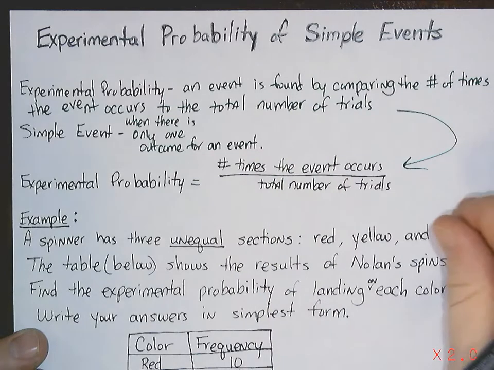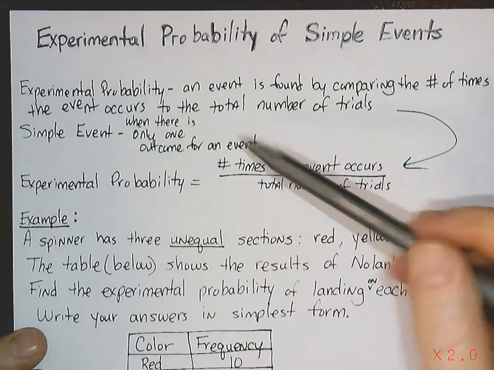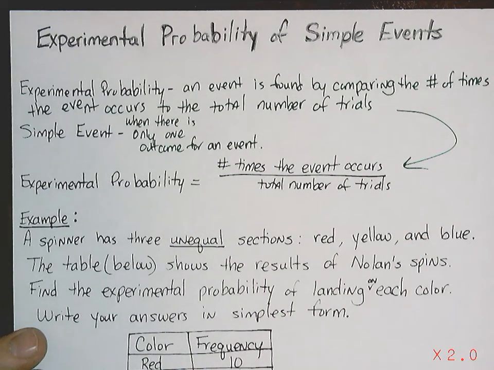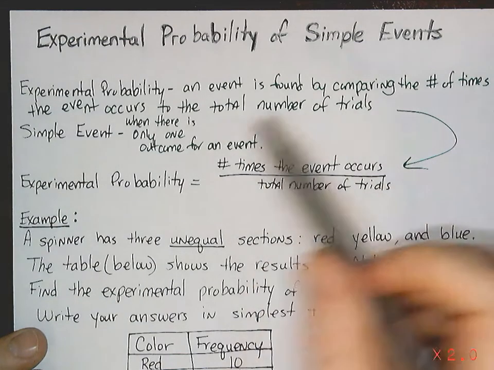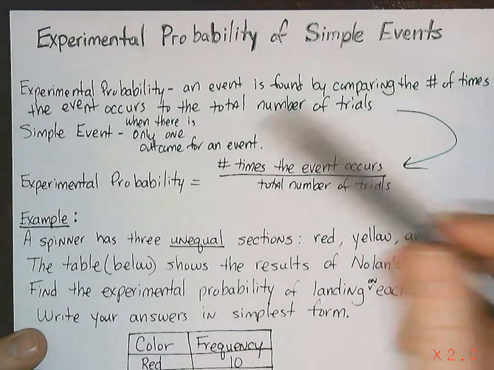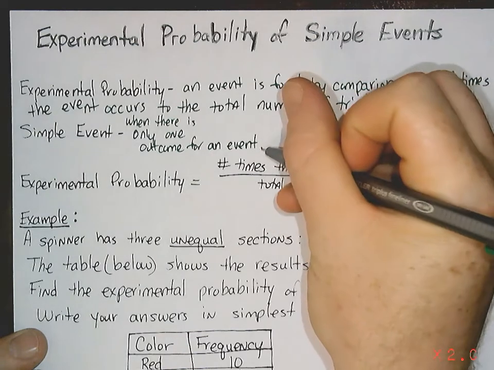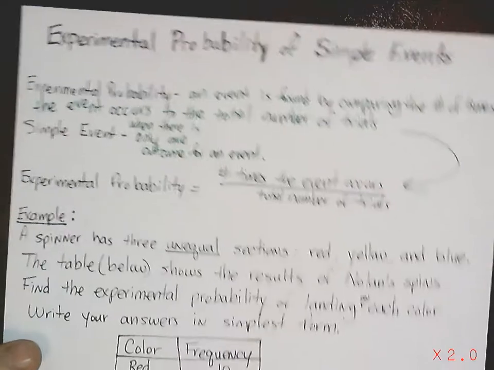So if I flip a coin and I'm looking to get heads, that'll be a simple event. That's just one event. A complex or compound event is what we'll talk about later. It's more than one event that occurs in series. Anyways, okay, so we got an example.